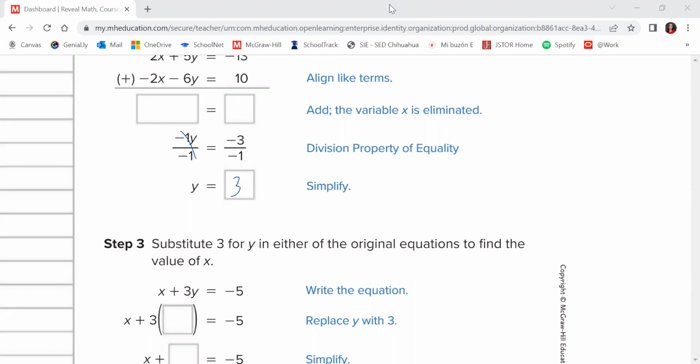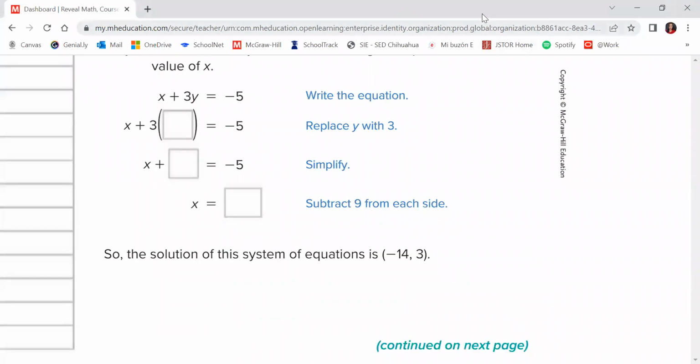Okay? The next step is to substitute y in one of the original equations. So x plus 3, and instead of y is 3, equals -5. So x plus 3 times 3, it's 9. It's equal to -5.